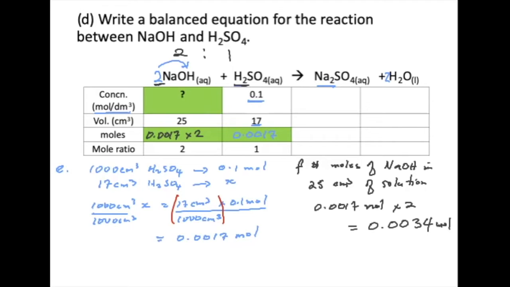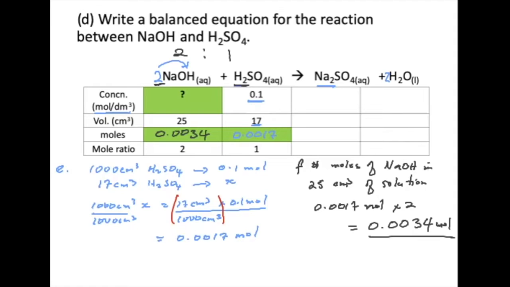Since we know that this value should be here, we could just go ahead and put that value in. We wanted to show how we arrived at it, so we've shown it, and now we can just punch that into our table. So the only thing we're left with now is to find the concentration.